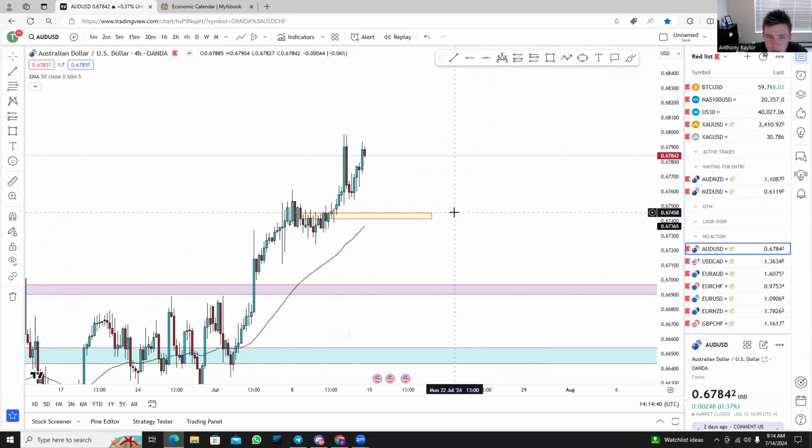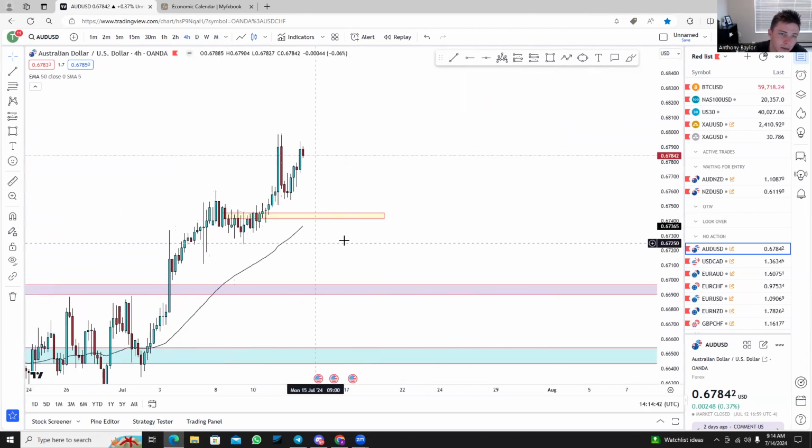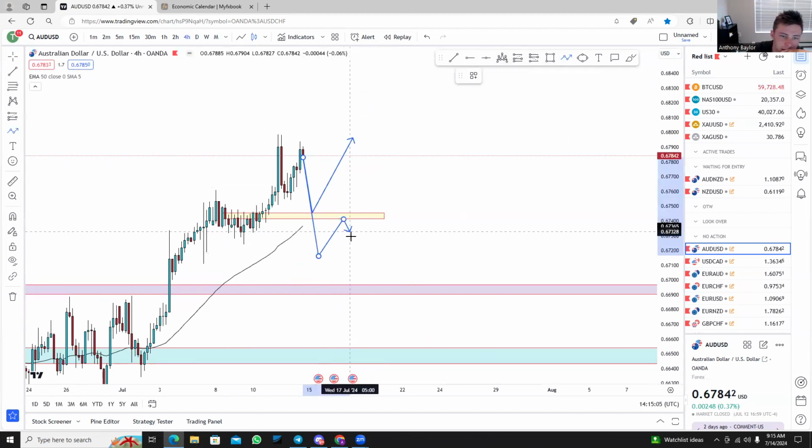So ideally, what you can see is I already have my 4 hour marked off. Obviously, you're bullish. So I would like to see this come back into here to take off again, or they could come back into here, break, come back into one of these.